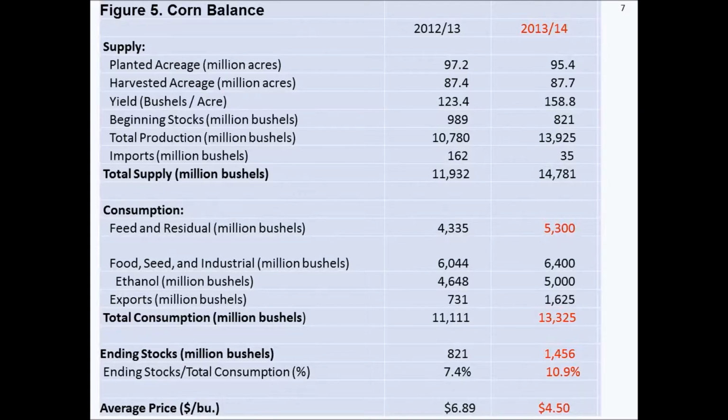So as you can see on Figure 3, based on today's report added to the December 1 stocks report that allowed the calculation of feed and residual use during the first quarter of the marketing year, we estimate first half use at 3.85 billion bushels. Again, that's a fairly large number compared to where we have been in recent years.